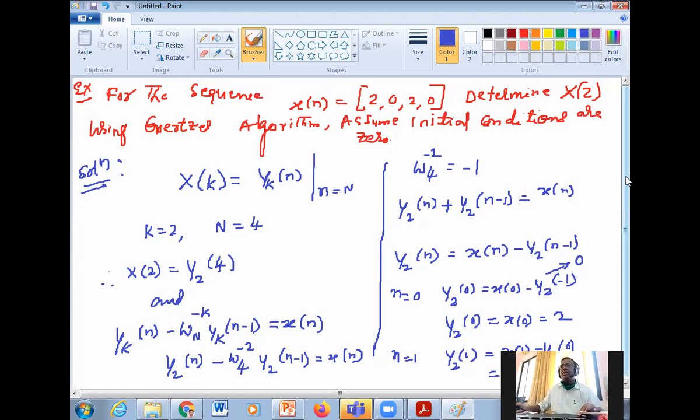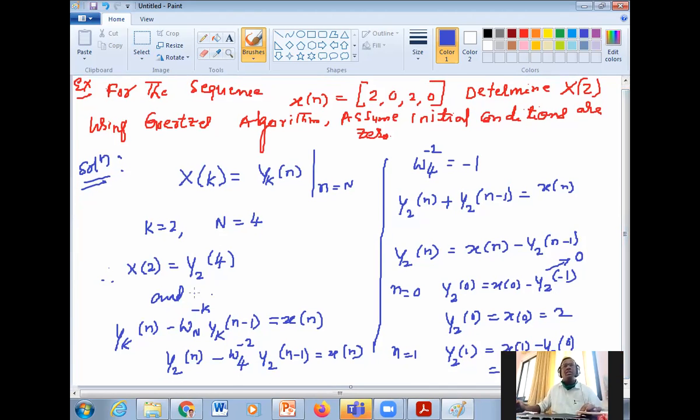Then we can calculate the further values.